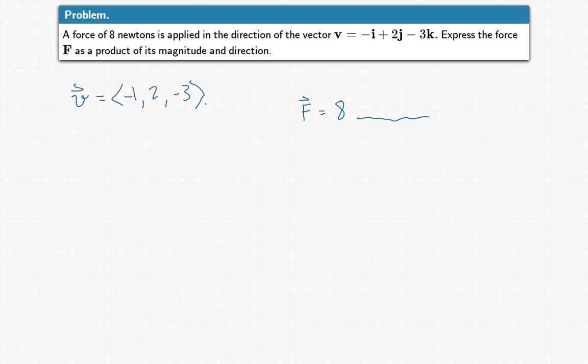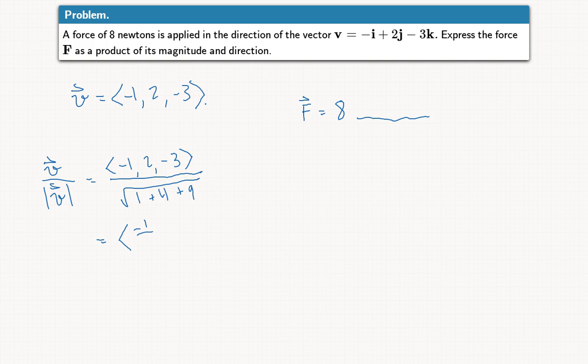So v is not a unit vector, so we need to divide by its length in order to find the corresponding direction vector. So v over length of v, this will be negative 1, 2, negative 3 over square root 1 plus 4 plus 9.